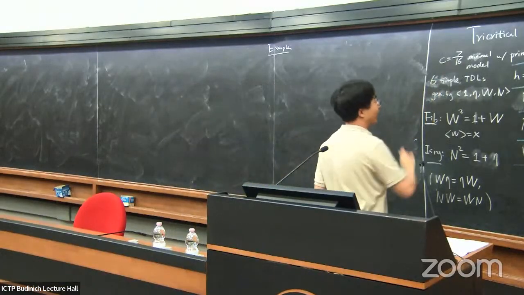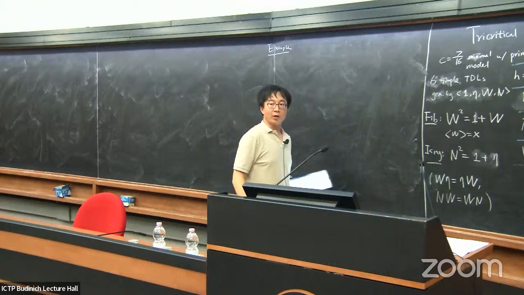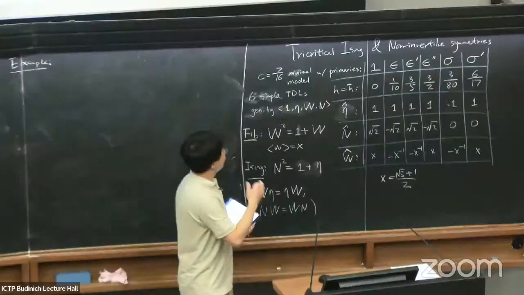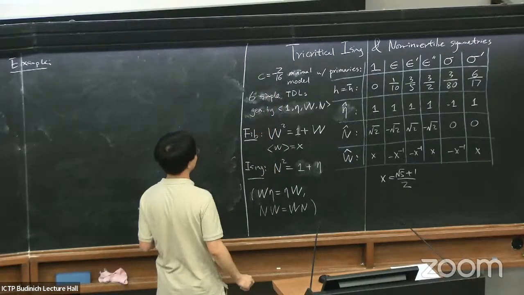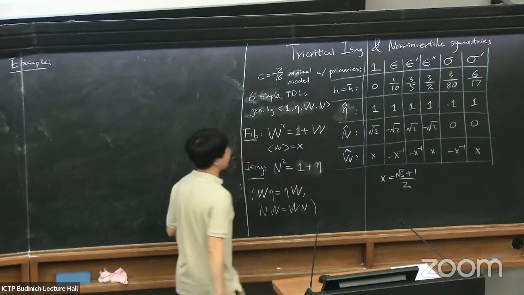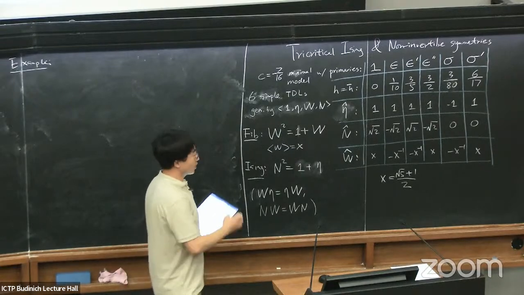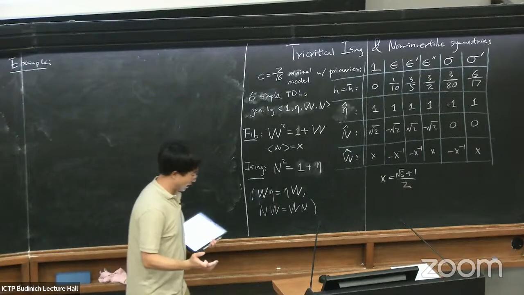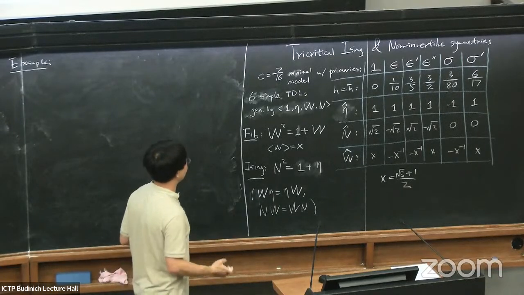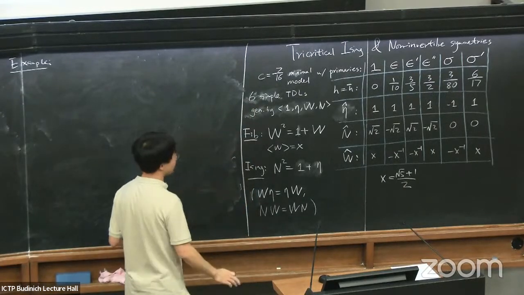So here I've written down the operator content of the tricritical Ising CFT. This is the next minimal model, with central charge 7/10. It has 6 Virasoro primaries, and because the theory is so simple, you can actually identify all the topological defect lines in this theory, and there are 6 of them. The detail is not important.